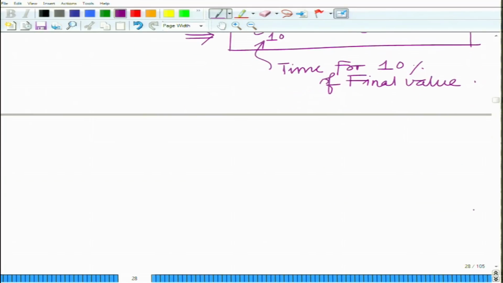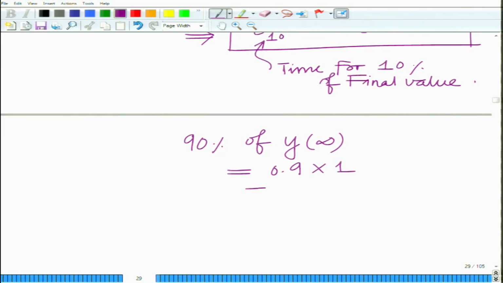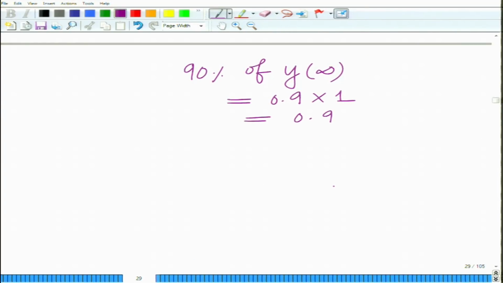Now, time taken for 90% of the final value, that is 0.9 into 1, that is 0.9. Okay. Now, time taken for 90% of the final value, let us call that T90: 1 minus e raised to minus T90 by RC equals 0.9.